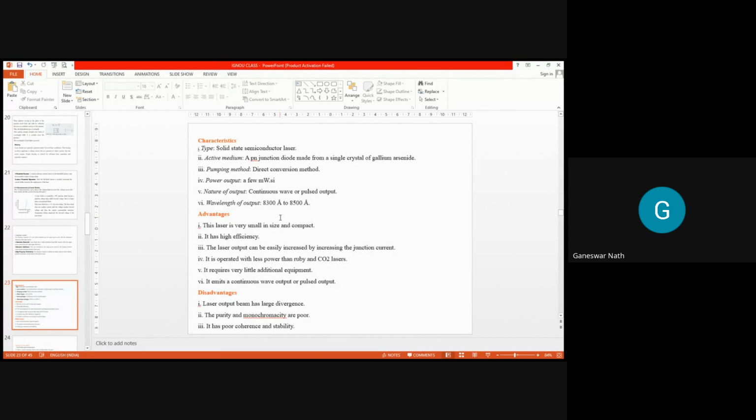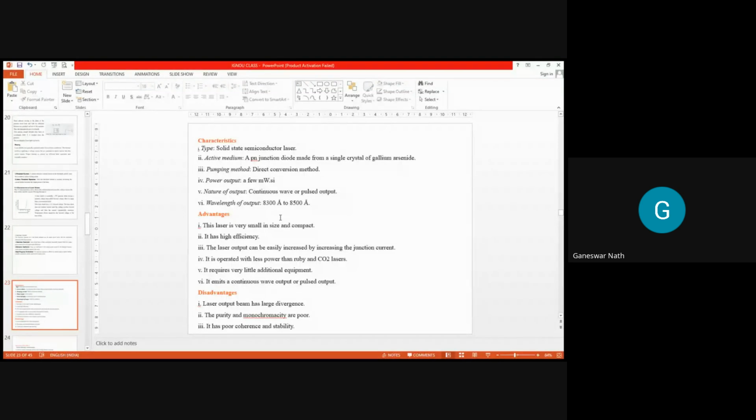At the same time it has some disadvantages. The laser beam that emerges is not that coherent, so it diverges. That means we cannot use this laser diode for long distances, because for any large distance operation we need coherence, a convergent beam, so that it can produce a point beam with high intensity.